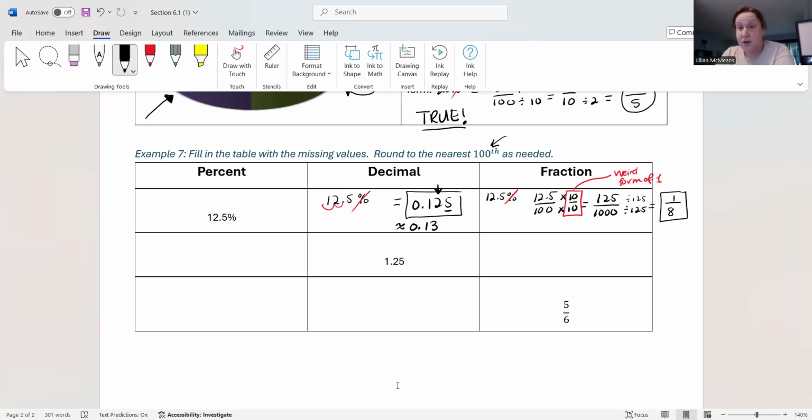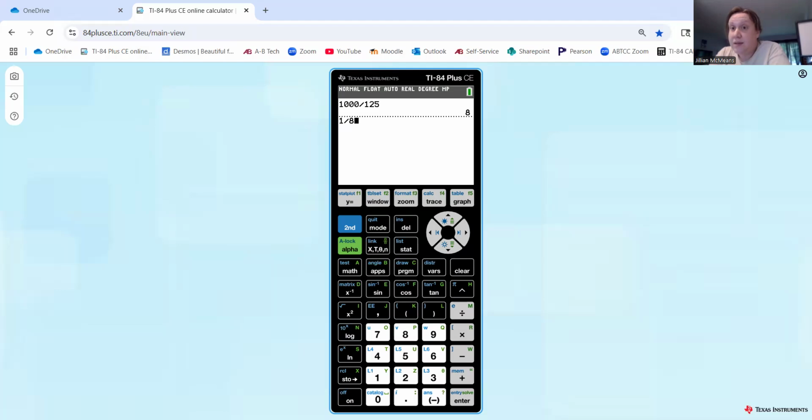And if you're unsure if this is true, you can go back to your calculator. We know that we had 1/8. So let's see what 1/8 is as a decimal. Well, it's 0.125, which is exactly what we would expect because remember, we started by converting our percent to a decimal. We can also check 125 divided by 1,000. We want to make sure it divides out and has the decimal form of 0.125, and it does.